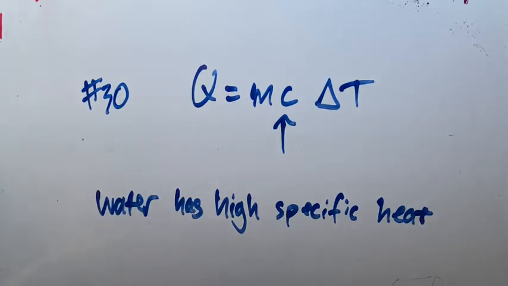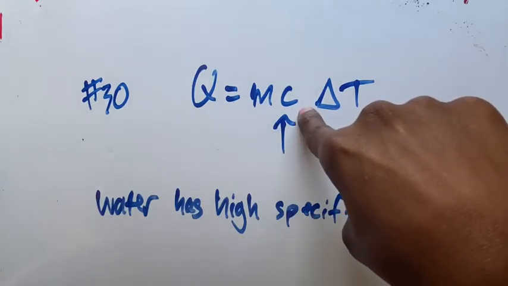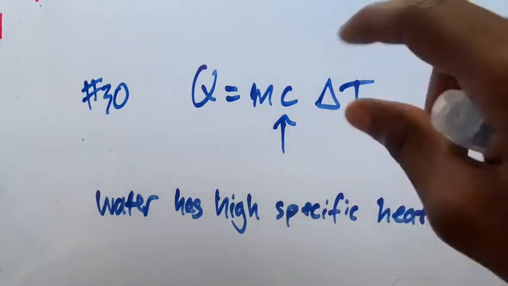So if something has a low specific heat, then the temperature changes relatively easily.